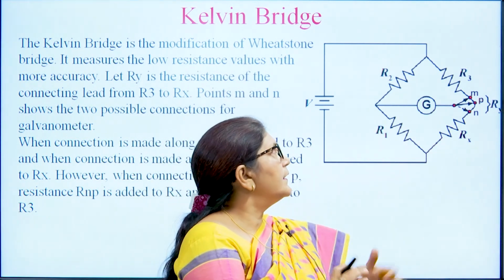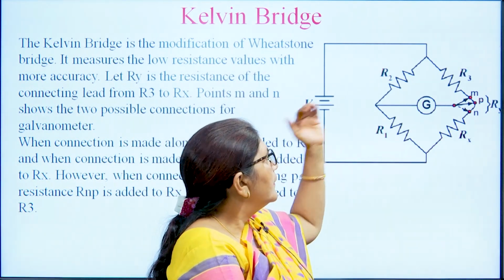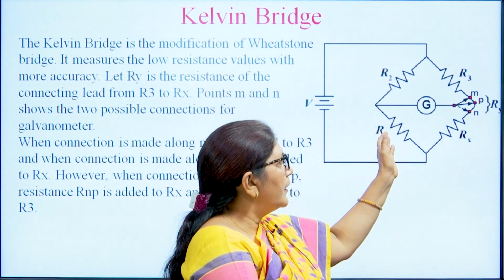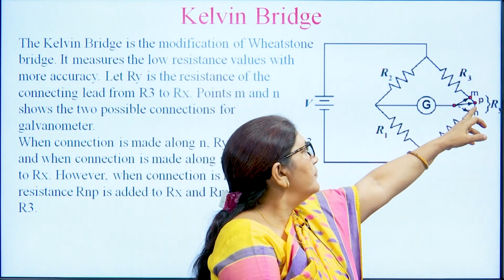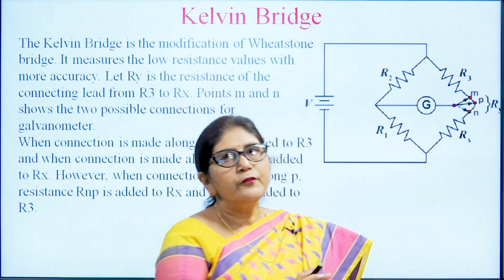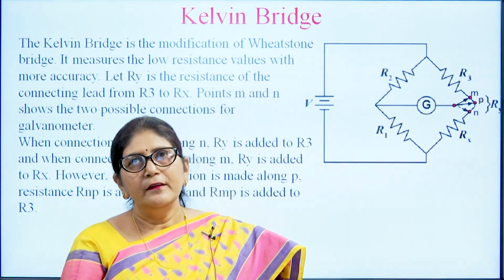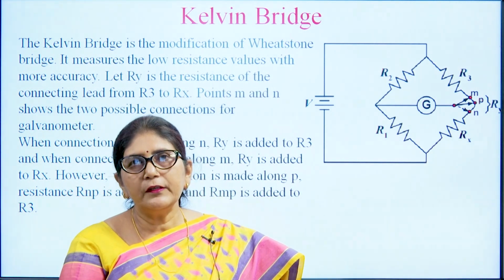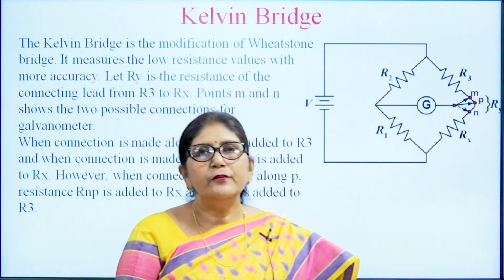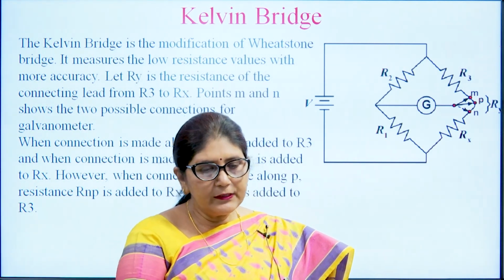The condition here is that R2 by R1 should be equal to RMP by RNP. When this condition is fulfilled, by this Kelvin bridge we can measure very low resistance. So, the Kelvin bridge is generally used to measure low resistance.